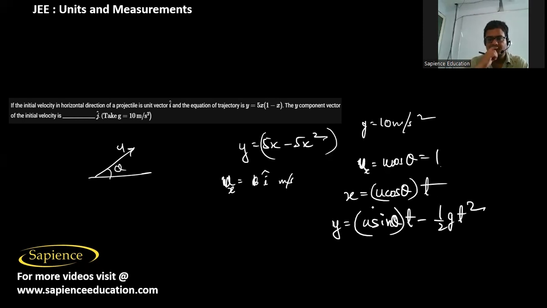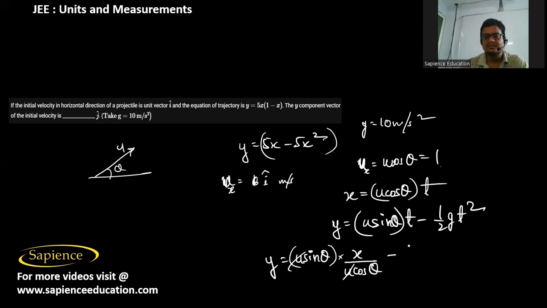So t equals x by u cos theta, and y equals u sin theta into x by u cos theta minus half g x squared by u squared cos squared theta.